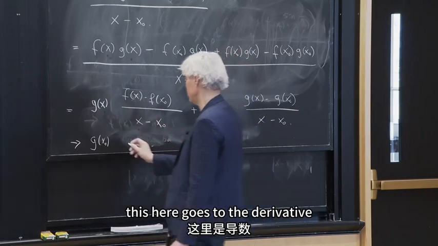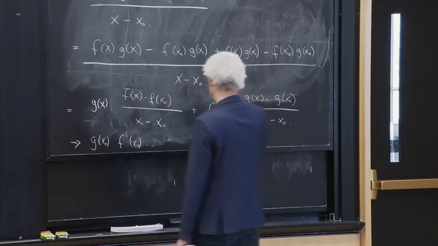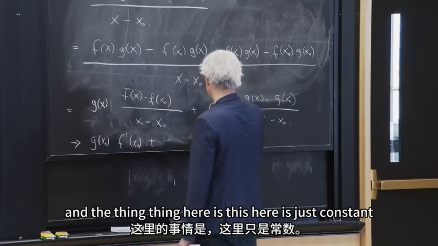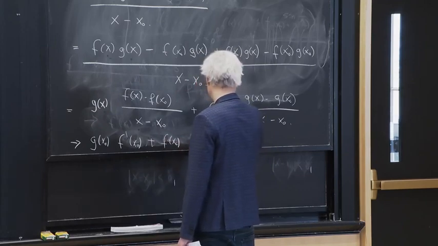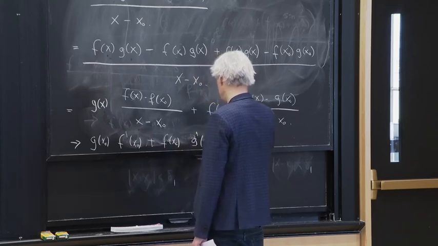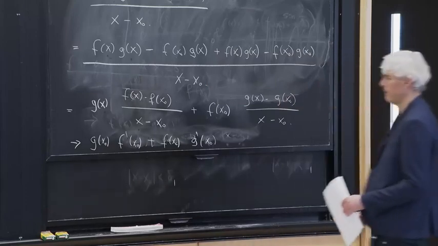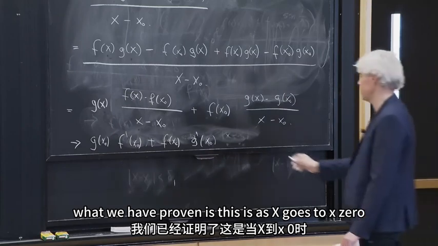This here goes to the derivative of f. And the second thing here, f of x0, is just constant, and this here goes to the derivative of g. So what we have proven is this, as x goes to x0.